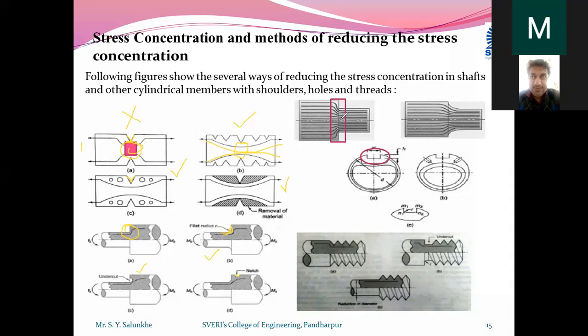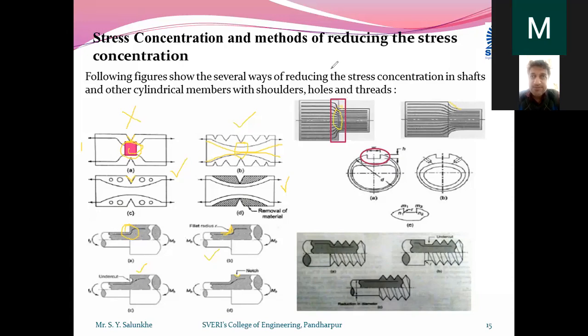Now, a very good example is elaborated here. Instead of making this sharp edge, if you make it a fillet, if you provide some curvature, then these stress lines will become smooth, and we can avoid much more concentration of stress at this area.